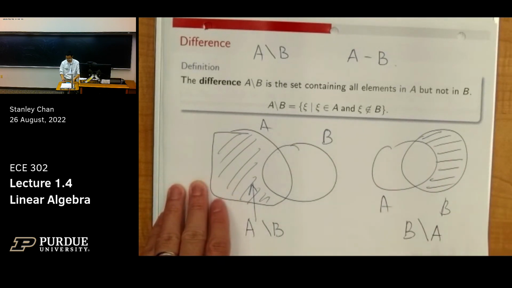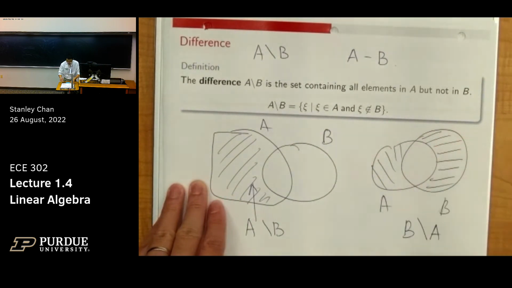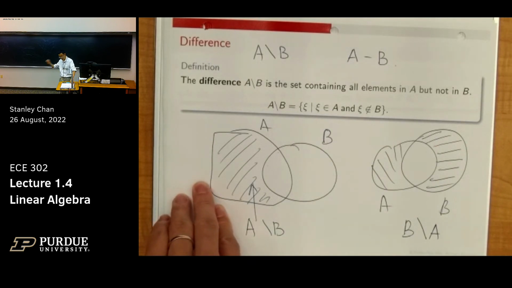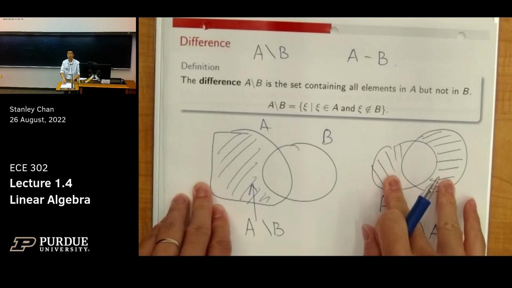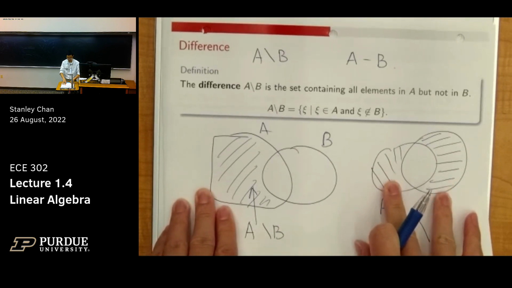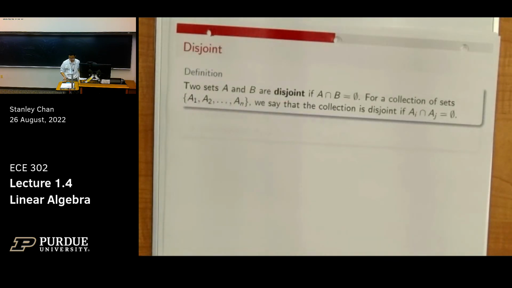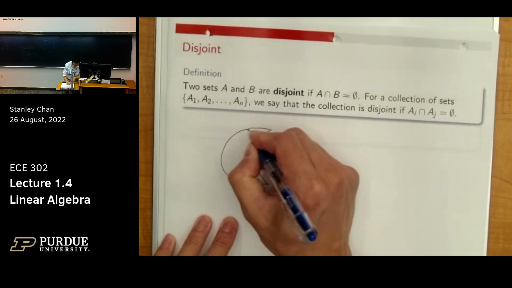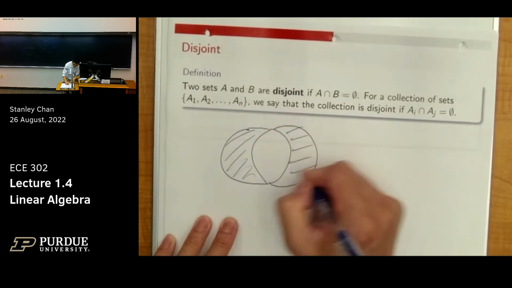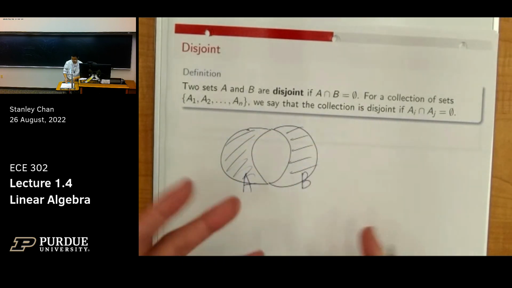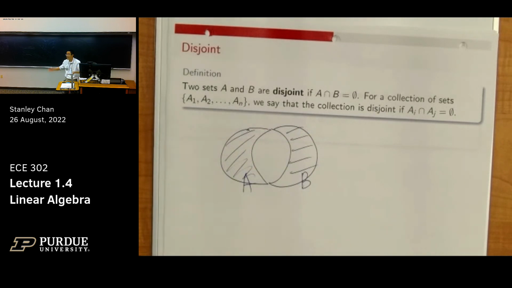Now, that's an interesting thing. If you look at A without B and B without A, these two sets do not overlap. And so there's a name for those. They are called disjoint. Let's say I have this set, which I call A, and this set, which I call B. They are not overlapping, and therefore I say that they are disjoint.